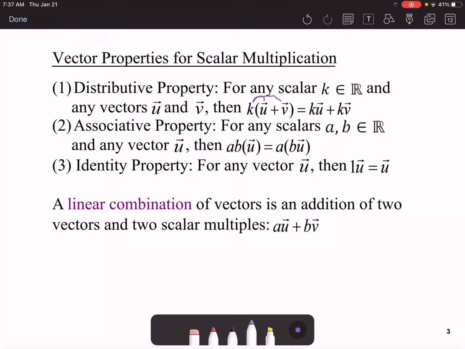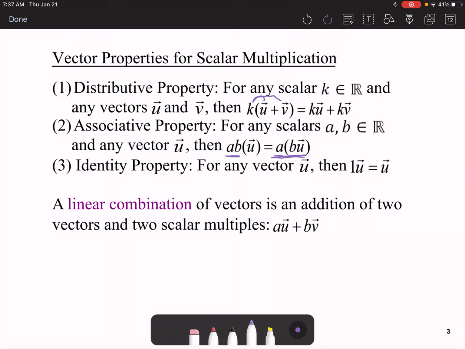Also, if there are any two scalars a and b that are real numbers, and any vector u, then multiplying the scalars first and then multiplying by u is the same as taking one scalar multiple times u, then multiplying by the other.